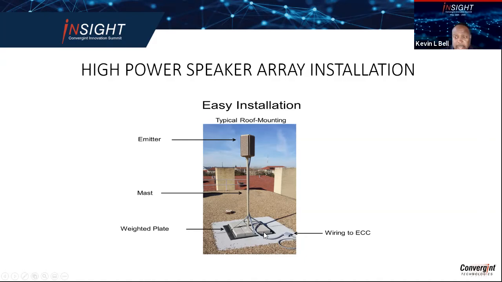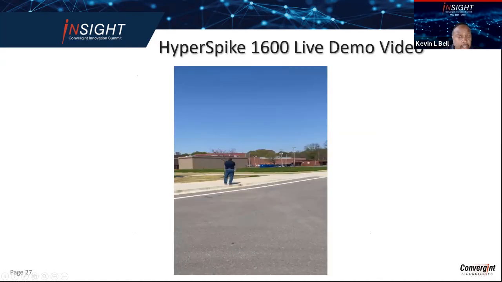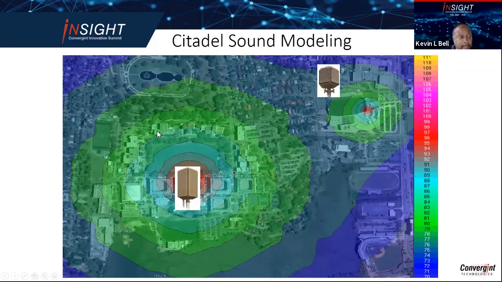I was able to take that speaker on top of that roof and put it on a tripod just for demonstration purposes. And that brings me to another point about sound modeling. We've done sound modeling at the Citadel, but what helped us win this project was that most of our competitors have those high power speaker arrays. They have to bring it in on a truck trailer, and then they have a mast that goes up 22 feet.